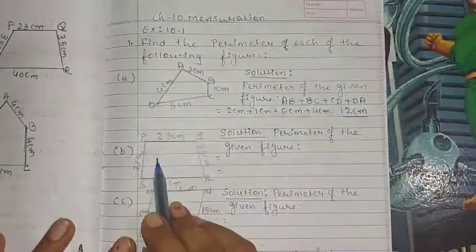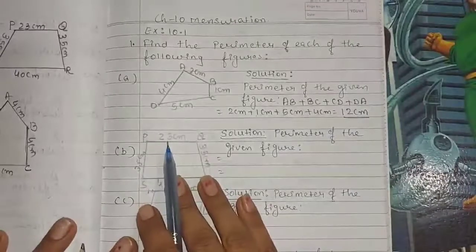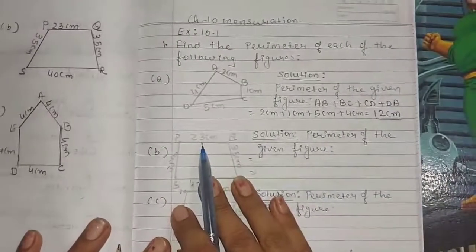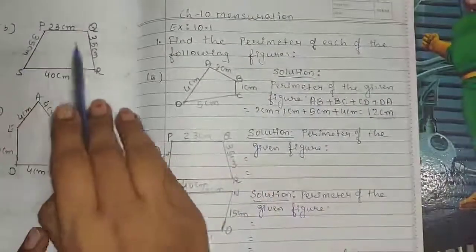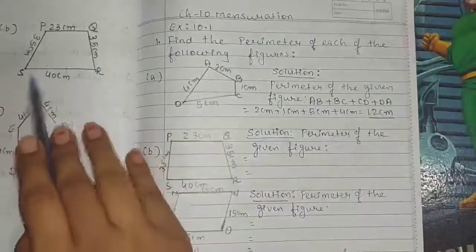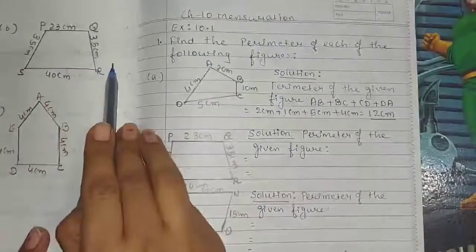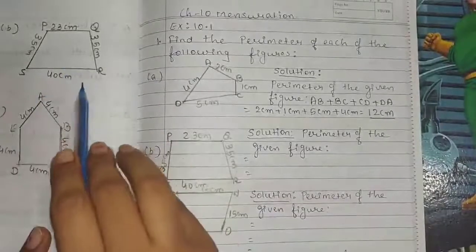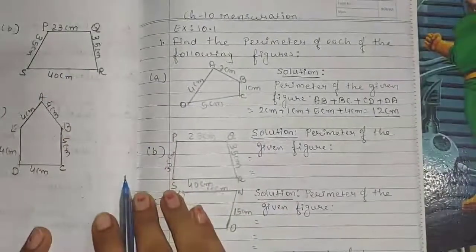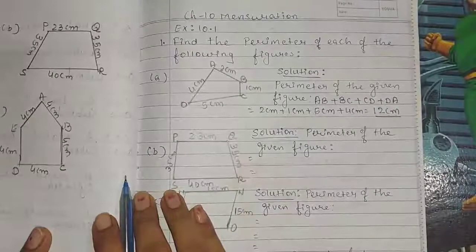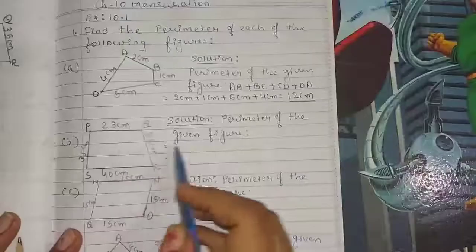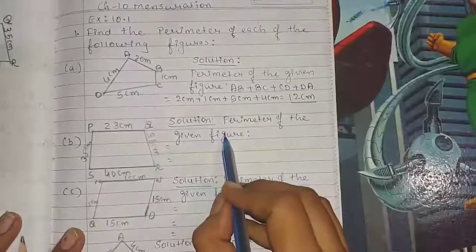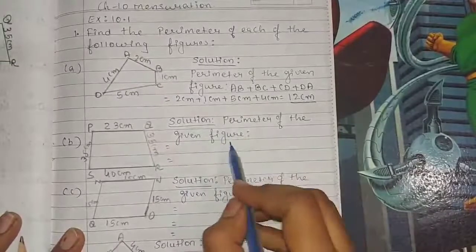Next question, number B. So students, in number B, this is the shape given, PQRS, and 23 centimeter, 35 centimeter, 40 centimeter and 35 centimeter are the lengths given in the shape. Now let us find the perimeter of this given shape. Solution. Perimeter of the given figure.